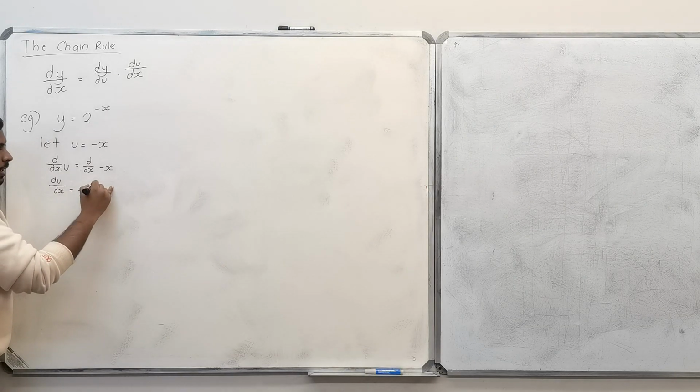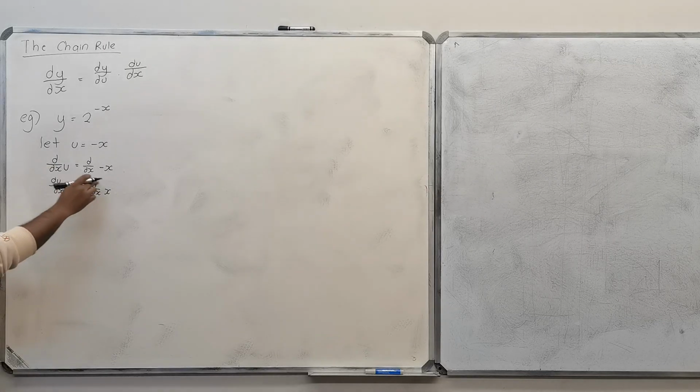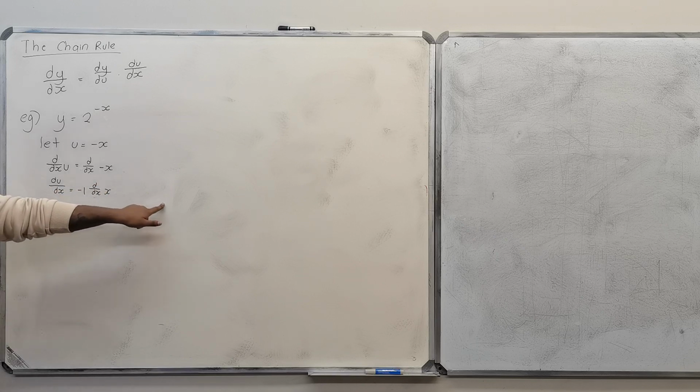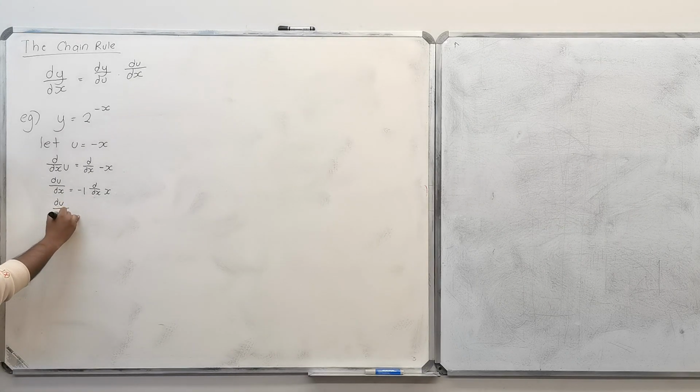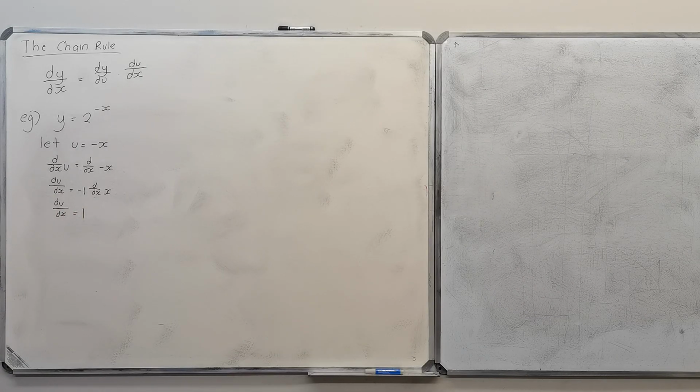Minus 1 d over dx of x. d over dx of x is what? 1, right? Because it will be 1 times x to the power 1 minus 1, which is x to the power 0. x to the power 0 is 1. So du over dx is equal to minus 1.